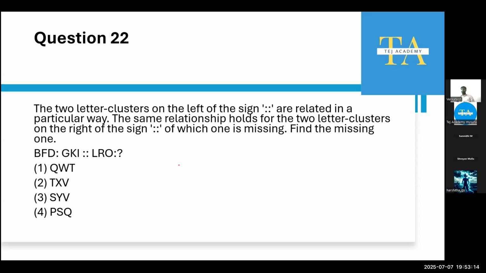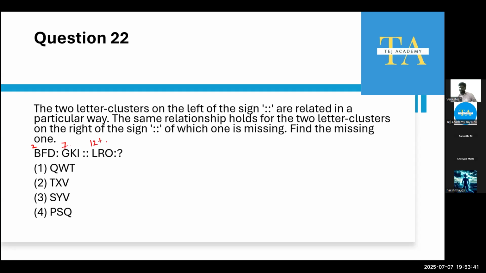Okay. Next, question number 22. It is the analogy part. BFD is to GKI as LR is to what? You know the place value of B is 2 and G is 7. What is the difference? 5. And here L is 12.